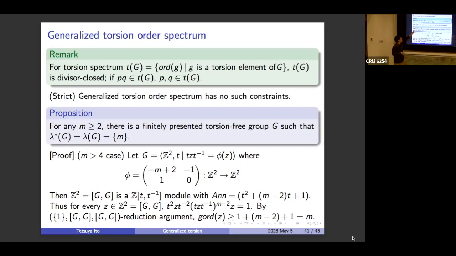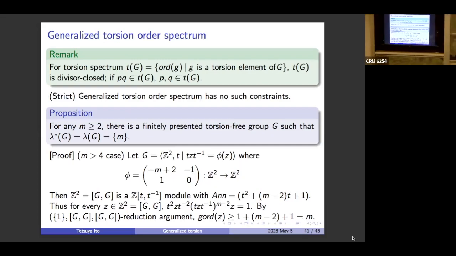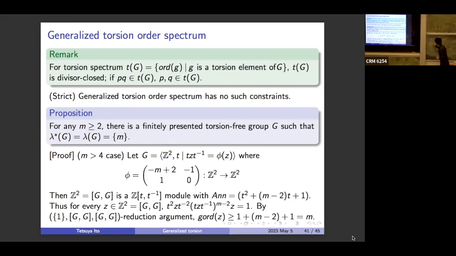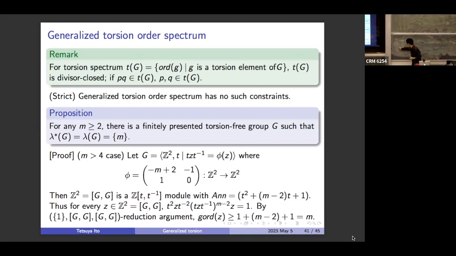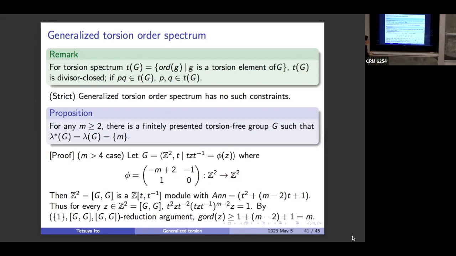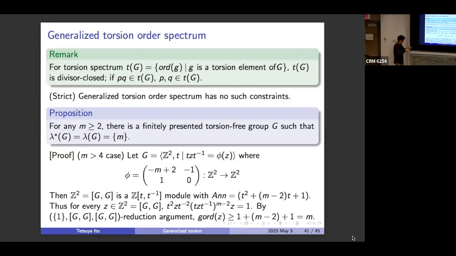I mean that if PQ belongs to the torsion spectrum, then P and Q are also in the torsion spectrum, because g^(PQ) is 1 implies that (g^P)^Q is 1. However, in the generalized torsion case, there are no such constraints.